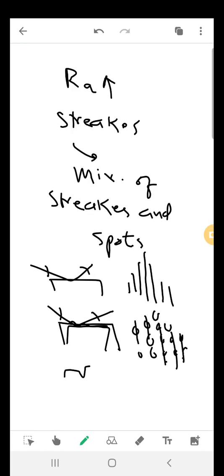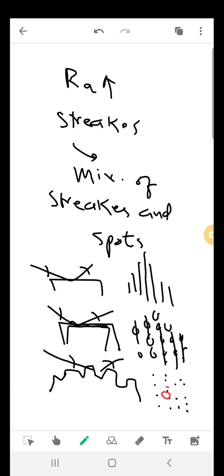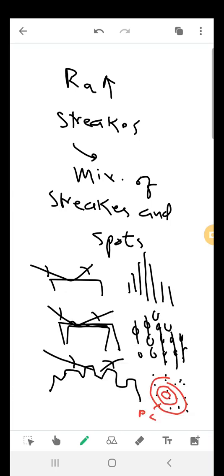And if it is totally rough, then it will be only spots, like in TEM SAED. Again, it will be spots for single crystal, rings for polycrystal, and for amorphous it will be a halo pattern. So this is for polycrystal, and this black one initially was for single crystal.